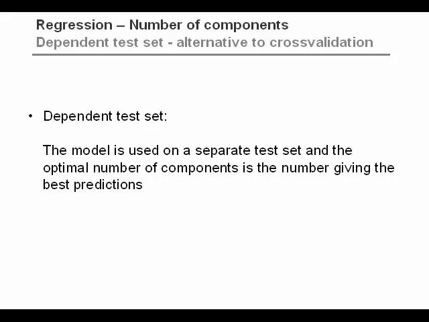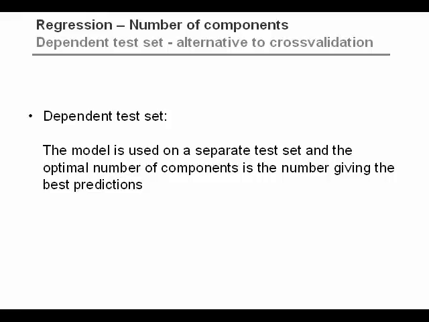Instead of using cross-validation, we might use test set validation. The difference is not that pronounced. What we do is that instead of leaving out samples one at a time or some at a time, we divide the dataset into two, a calibration set and a test set.